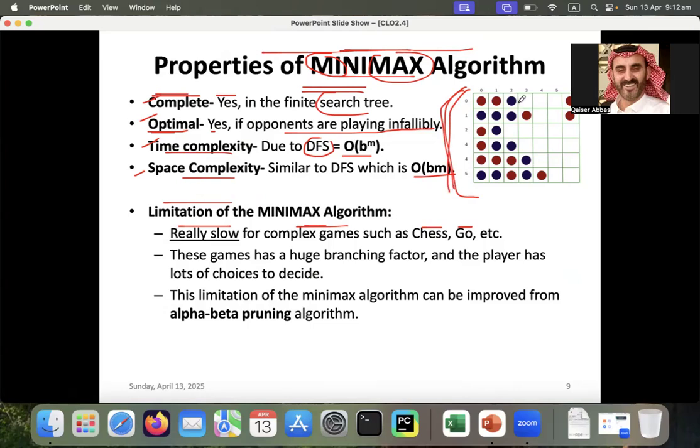For example, these are the open area for the blues. And these red beads now are prisoners. They cannot move.